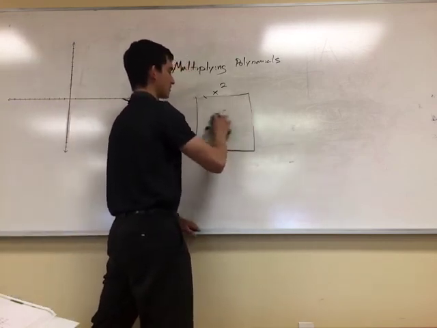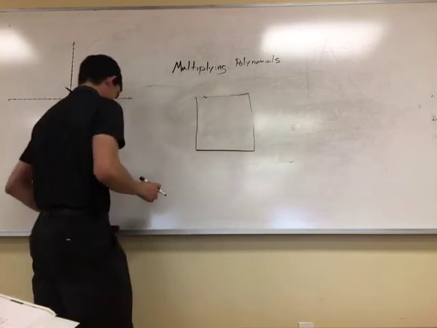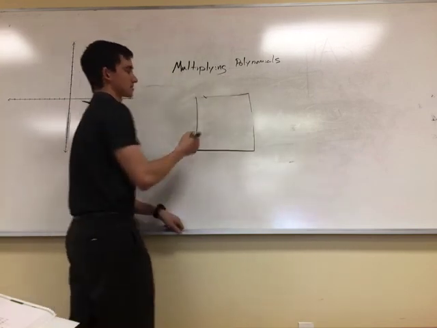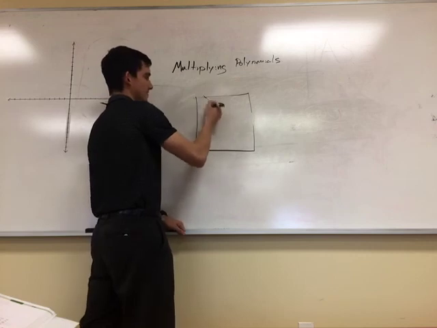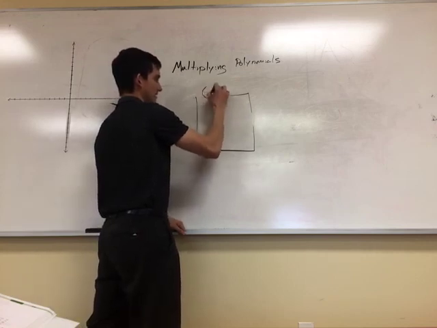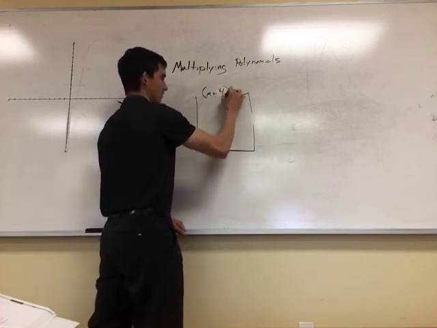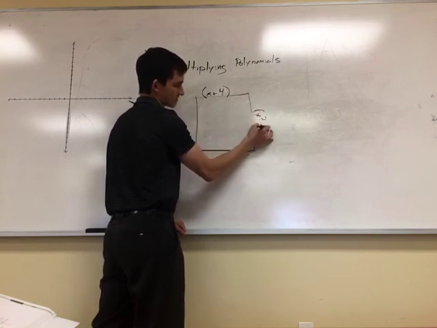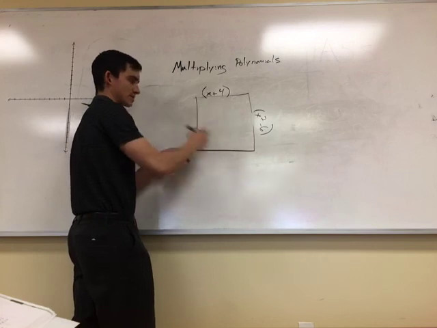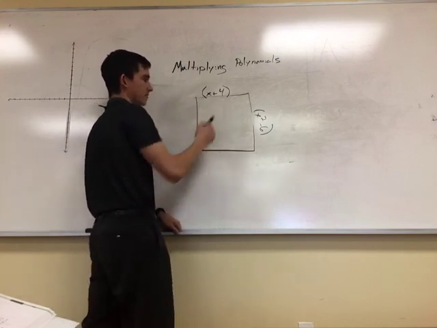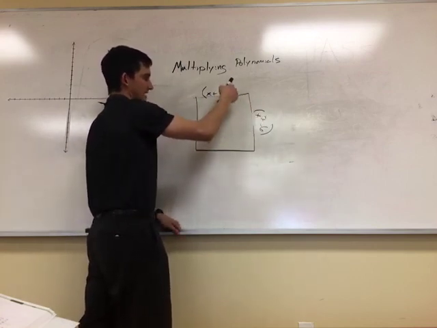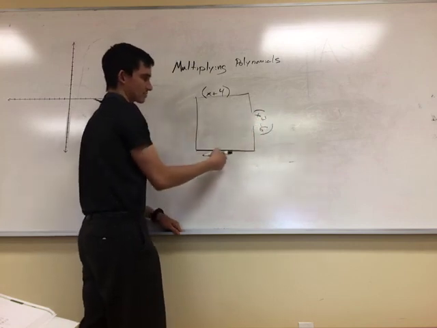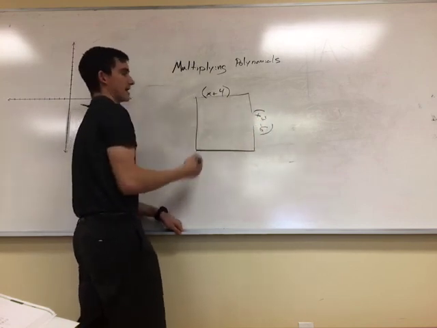Sometimes they ask about perimeter. Remember, perimeter is not multiplication, it's addition. So if they say, here's a rectangle, side length is x plus 4, this side length is x squared minus 6, and they say, what's the perimeter? Okay, the perimeter would be adding it all up. So you have x plus 4 plus x squared minus 6 plus x plus 4 plus x squared minus 6.